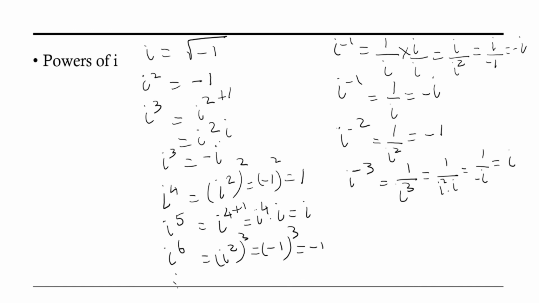Next we have i⁻⁴. i⁻⁴ is 1 by i⁴. So it is 1 by (i²)². It is equal to 1. And the process continues. This is how we can find the different powers of i, whether they are positive or negative.